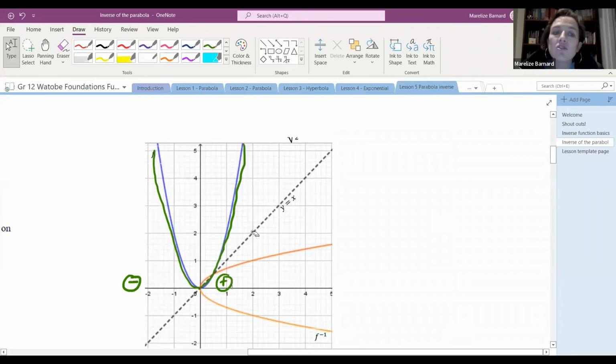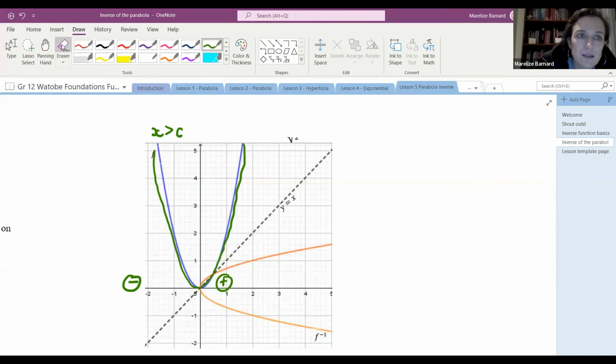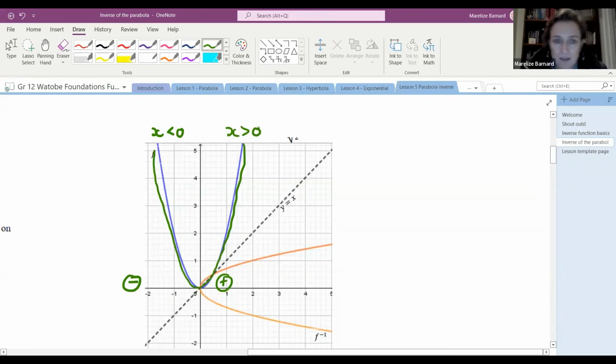So if I restrict the domain of the original graph, we are only looking at this part of the graph. If I restrict the domain and say I'm only going to look at where x is smaller than 0, then I'm only looking at this half of the graph. This side of the graph is where x is greater than 0.